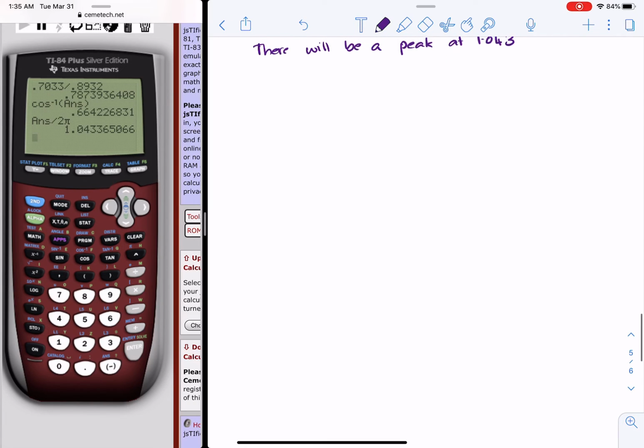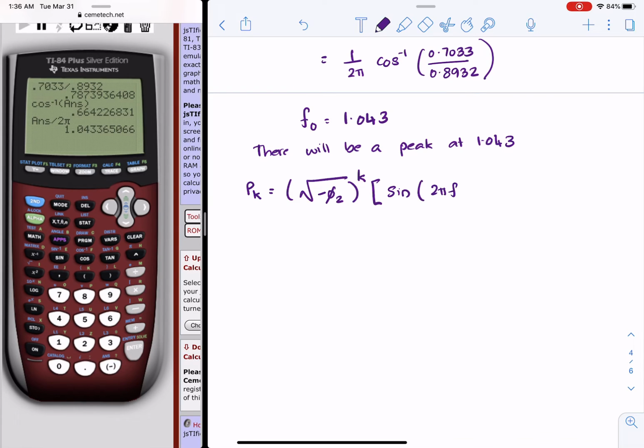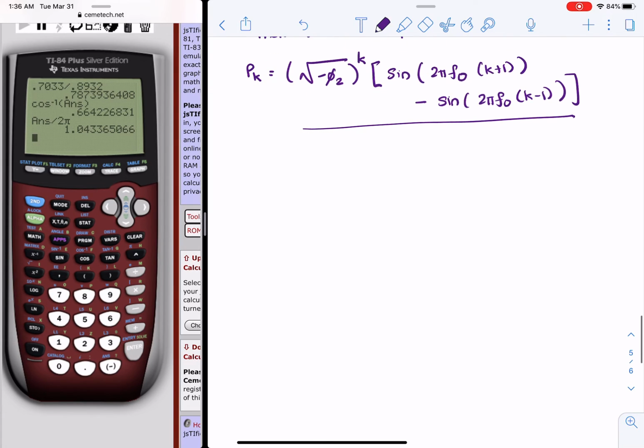So now we have an expression for rho k, which we derived a while ago, which is rho k equals square root of negative v2 raised k times sine 2 pi f naught times k plus 1 minus sine 2 pi f naught times k minus 1, divided by one minus v2 times sine 2 pi f naught.